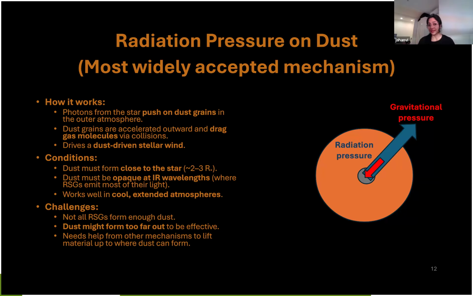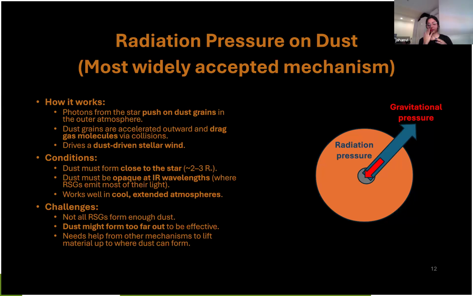But as I said, the condition is that there should be dust formation close to the star, and it should be opaque at IR wavelengths, because this is the wavelength where RSGs emit most of their light. But the challenge here is that not all RSGs form enough dust.